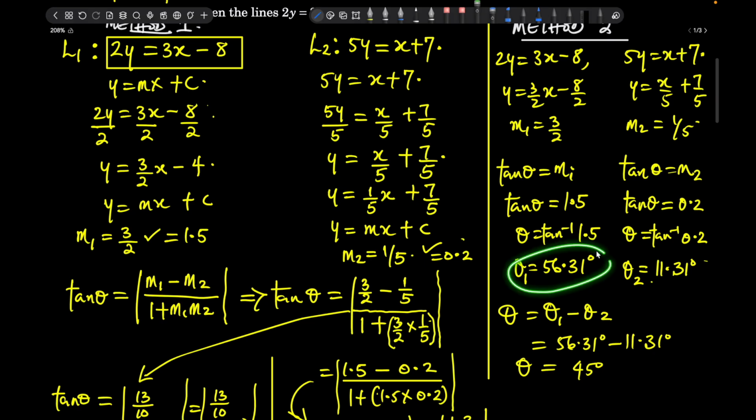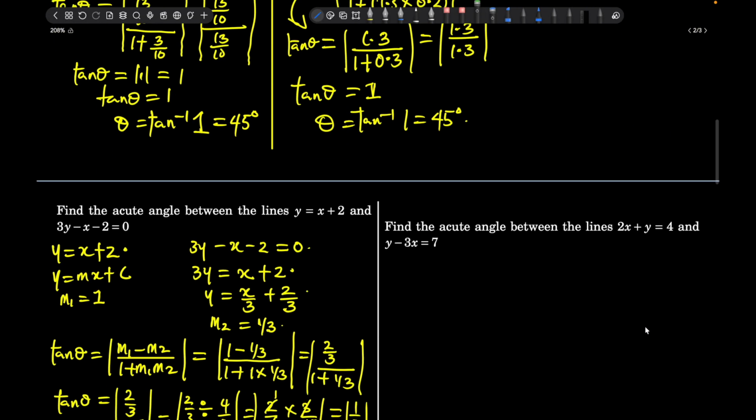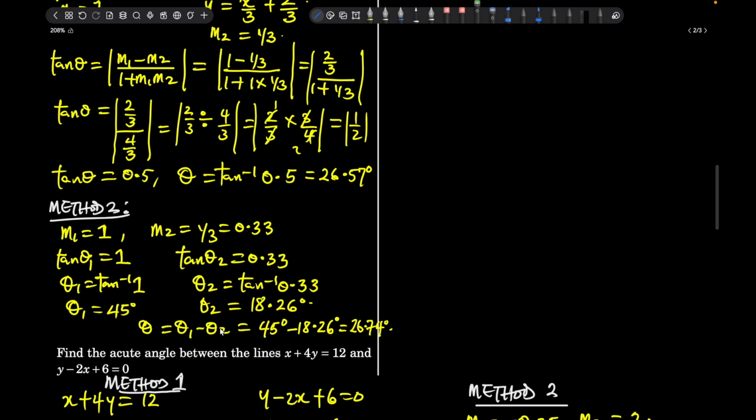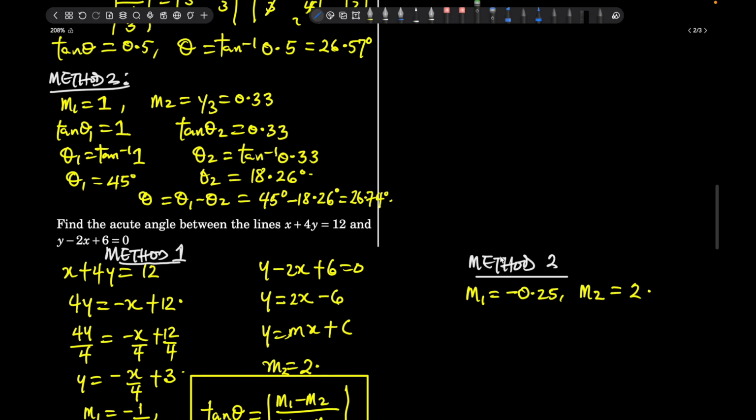We can easily calculate this, and then we have our answer. If you look at the second example as well, M1 is positive, M2 is positive, we can easily use our formula and then subtract. That's what we did here. But in this case, one is positive and the other is negative, so you have to be very careful.